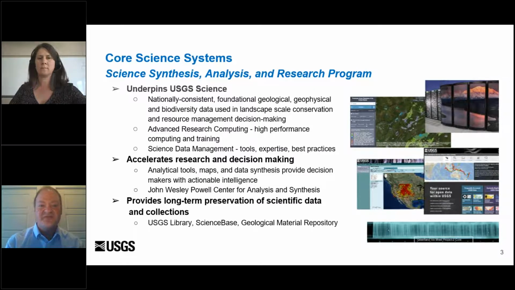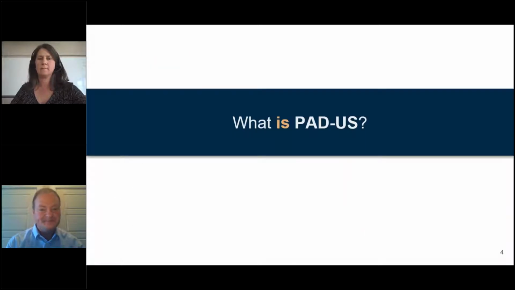This is one of our prime projects right now that's really helping to move forward our biodiversity research, as well as our applications to deliver better information to our partners, our DOI partners and beyond.